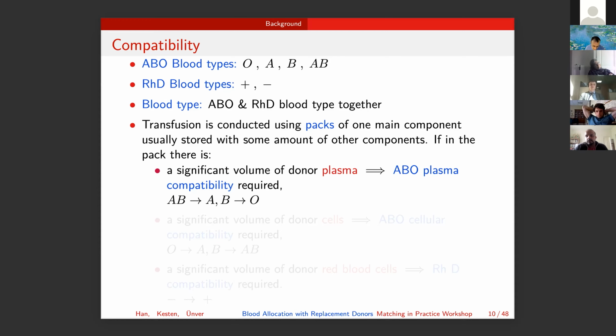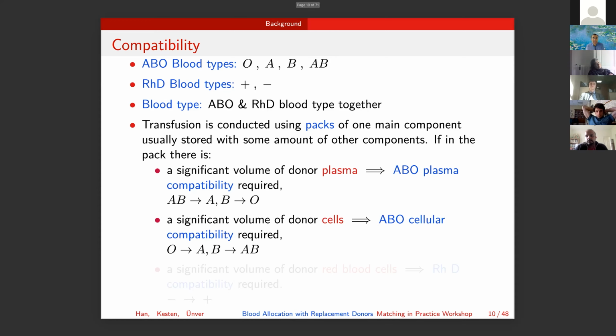And if there is a significant volume of donor cells, especially, I would say, red blood cells in this case, since platelets are not as big of a case, then you also need ABO cellular compatibility.